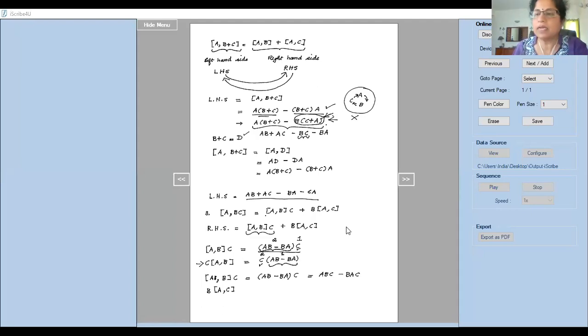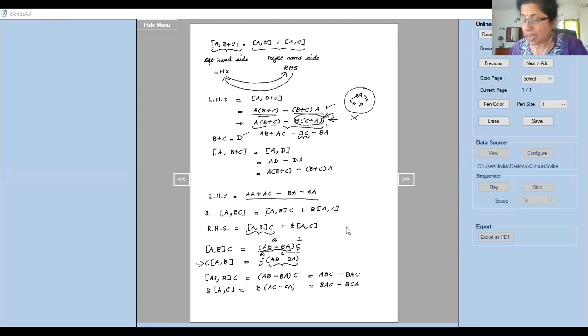Oops, I think my refill is getting empty. This will be equal to B times (AC minus CA), which will be BAC minus BCA.